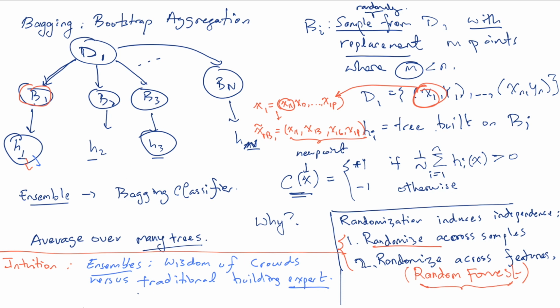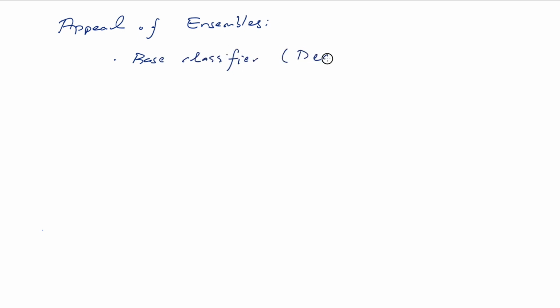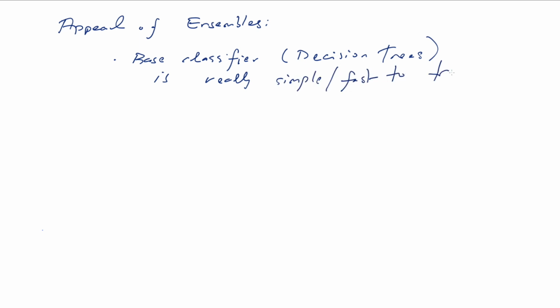Let me finish off by talking about the appeal of ensembles. If you think about it, your base classifier, which in that case was decision trees, is really simple and fast to train.